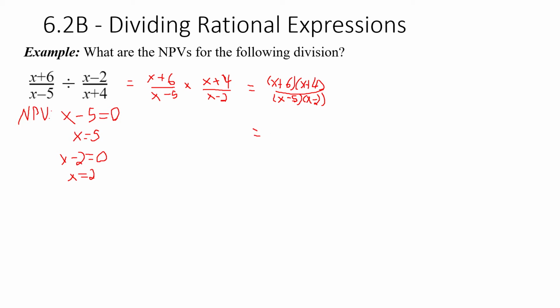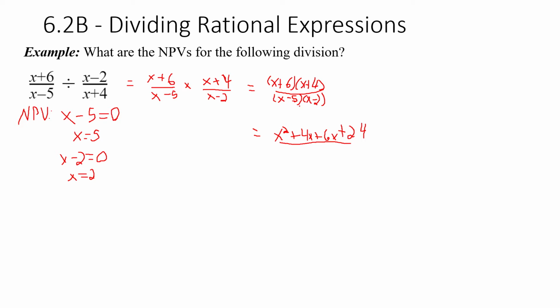So x times x would be x squared. x times 4 is 4x. 6 times x is 6x. And 6 times 4 is 24.